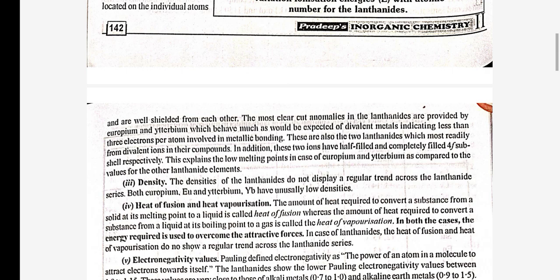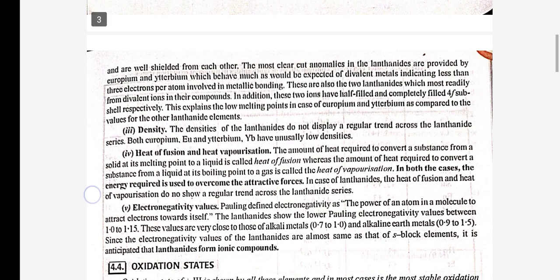The most clear-cut anomalies in the lanthanoids are provided by europium and ytterbium, which behave much as would be expected of divalent metals, indicating less than 3 electrons per atom involved in the metallic bonding. These are also the two lanthanides which most readily form divalent ions in their compounds.